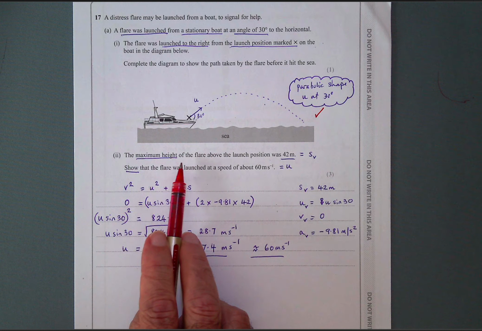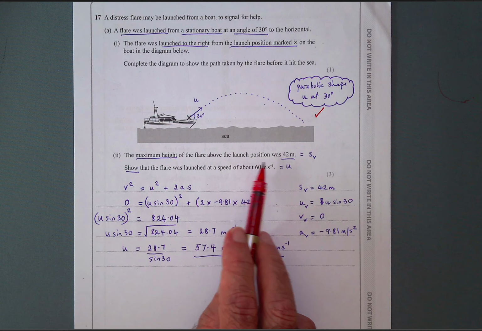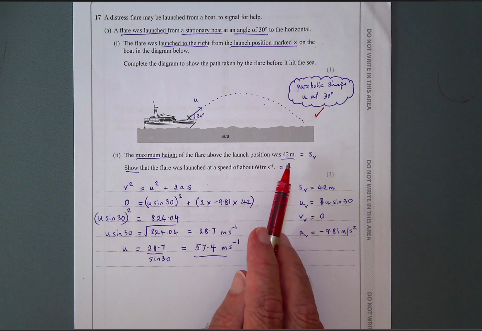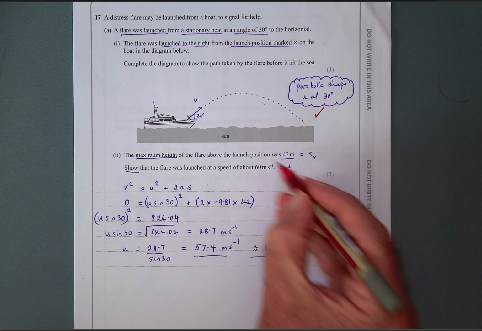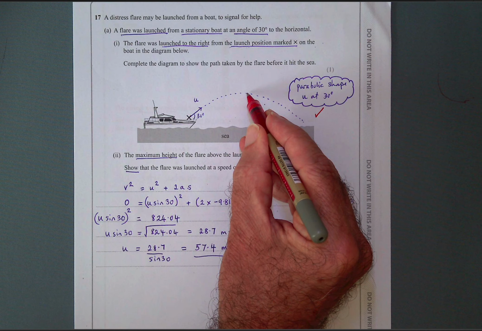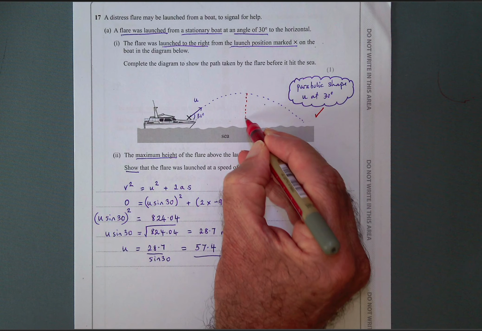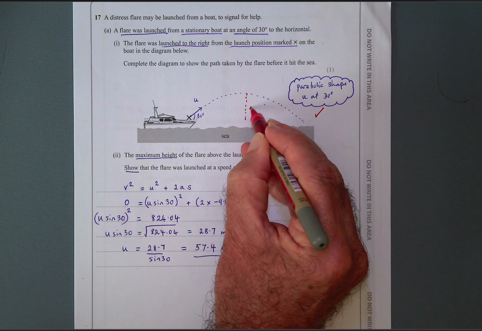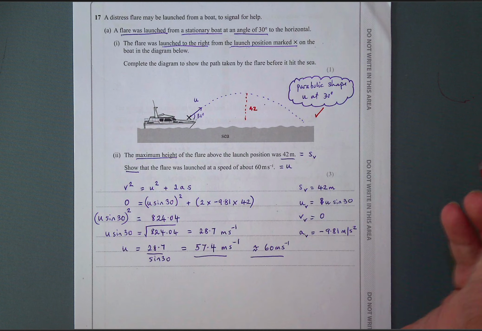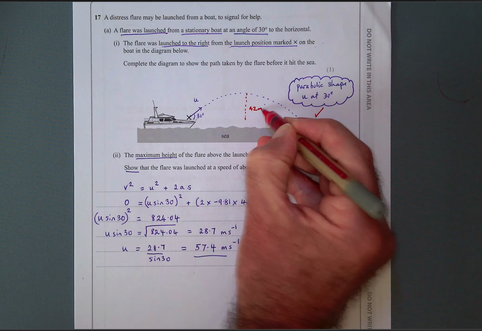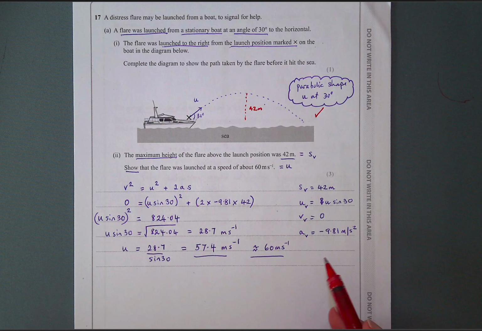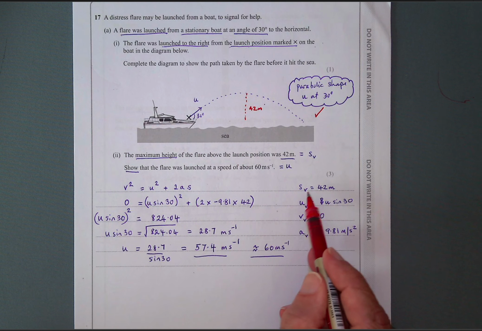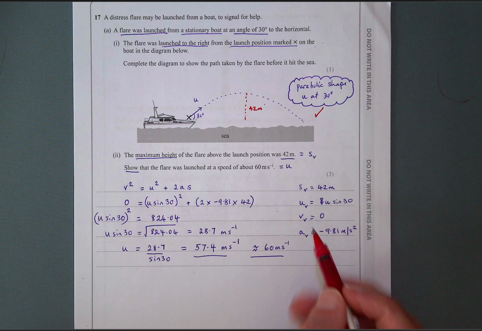The next one: the maximum height of the flare above the launch position was 42 meters. Well, that's going to be in the middle of the flight going up. So that will be the 42 meters that they're referring to. That's the maximum height. So I put that as vertical displacement being 42 meters.